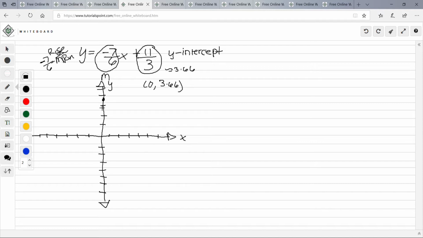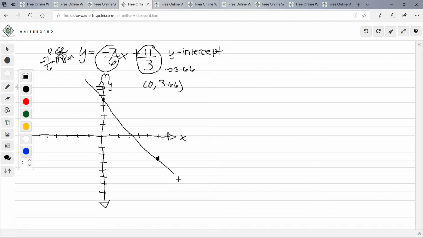I'm sorry, I can't really do it because of this. Okay, so this is half, 1, 2, 3, 4, 5, 6, 7, and then go 6 right: 1, 2, 3, 4, 5. This is a really bad example, but all you really need is 2 points. So we know it's going to be negative.